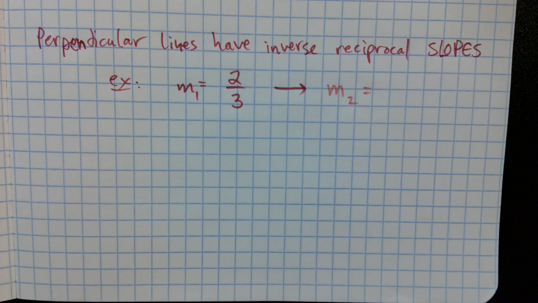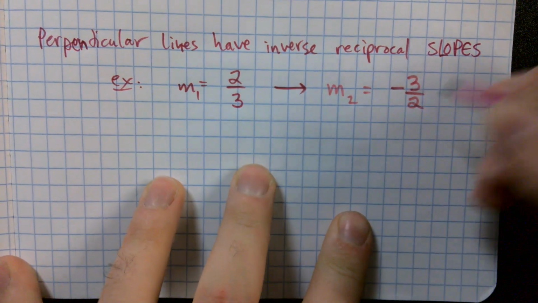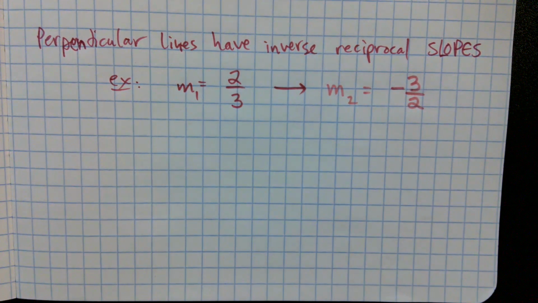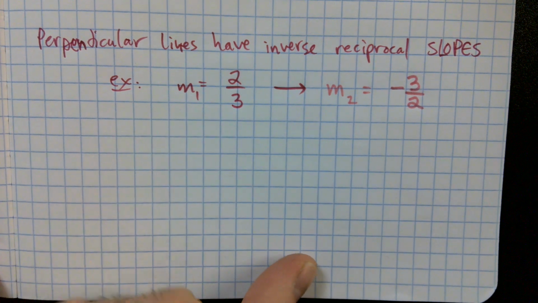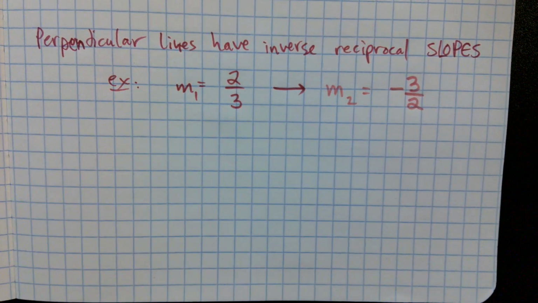Alex, what do you think? -3/2. How'd you get -3/2? Because it's the inverse operation, so it's negative. Okay. You also have to do the reciprocal, so flip the fraction. Good. So you took your original slope, you reciprocated it, so you flipped the top and the bottom.